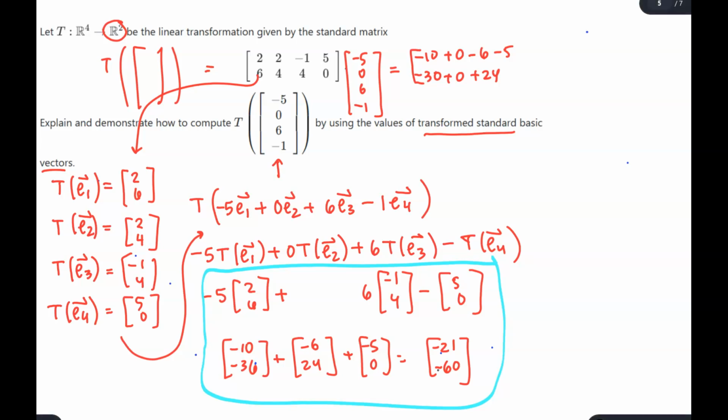Oh, I did, see, good thing I did it 2 ways. Find my arithmetic error right at the bottom, -12, plus 0, which is the same thing we got before, -21, 12. So either way, I'm completely okay with it. I just asked you to use the standard matrix in order to compute that linear transformation, to find that image of a given input vector.